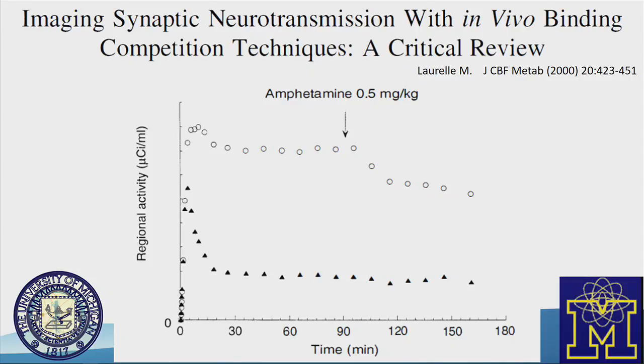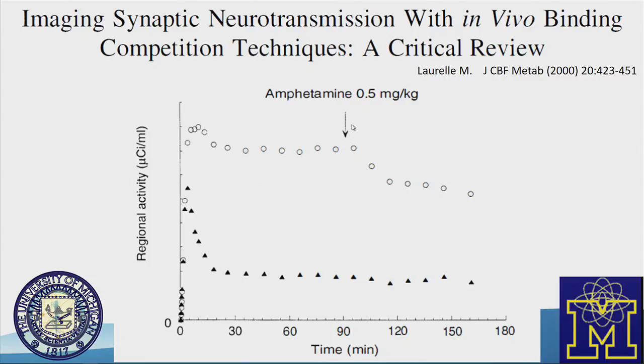So what you see here is a typical time activity curve during a continuous infusion of carbon-11 raclopride, and so there's a relatively steady state level of activity in the putamen and here in the cerebellum for a point of reference. And after establishing this steady state, the patient is then injected intravenously with a dose of amphetamine, which causes release of dopamine from presynaptic stores.